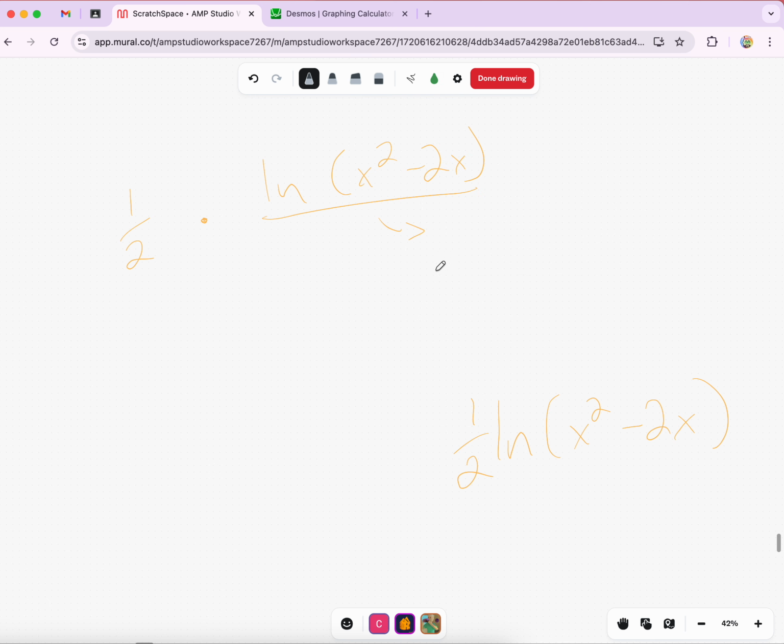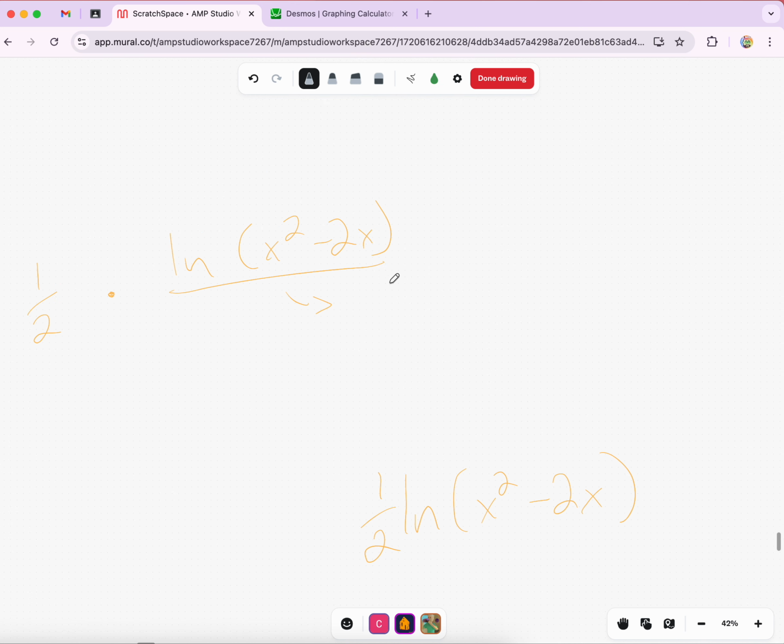I'll do this in a different color just so it's a little bit easier to see. We're going to do this larger derivative, and then we're going to plug this back into it for where we see x, and then we'll do just this derivative. So let's do just this derivative first. So the derivative of x squared minus 2x, that's an easy one, right? It's 2x minus 2, right?